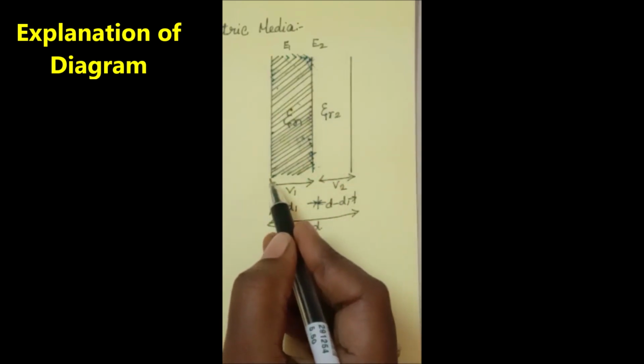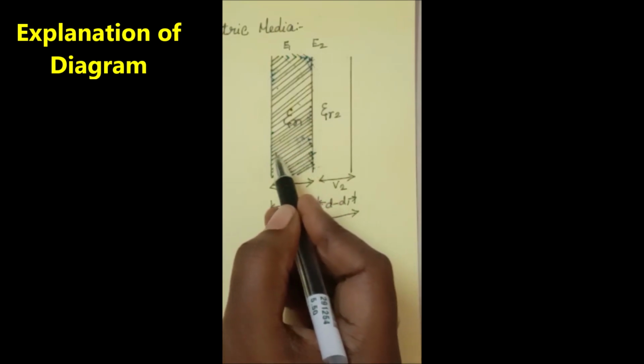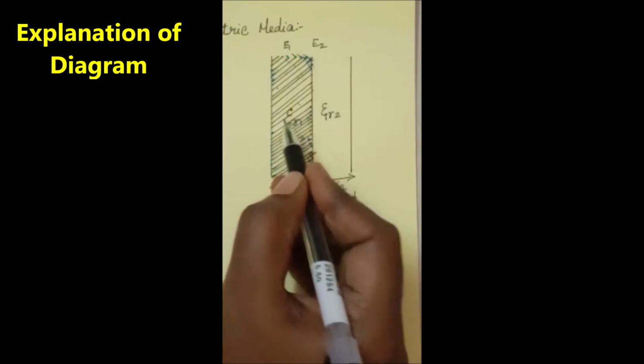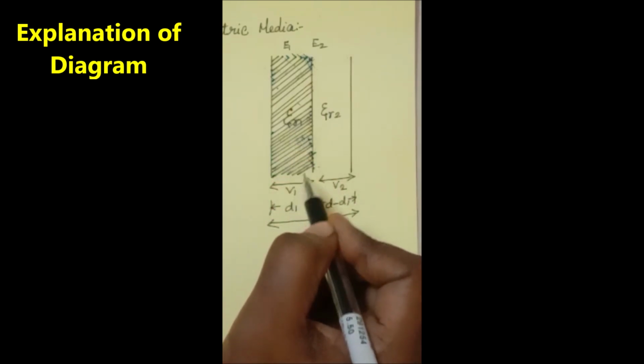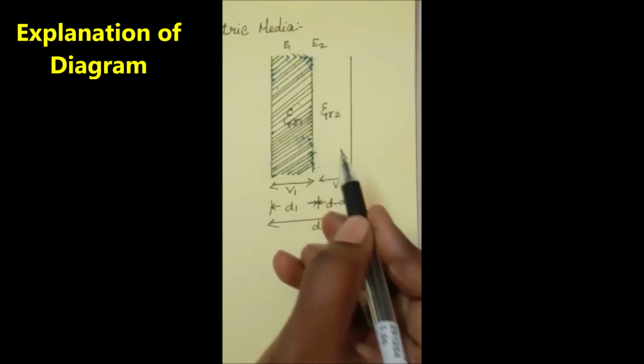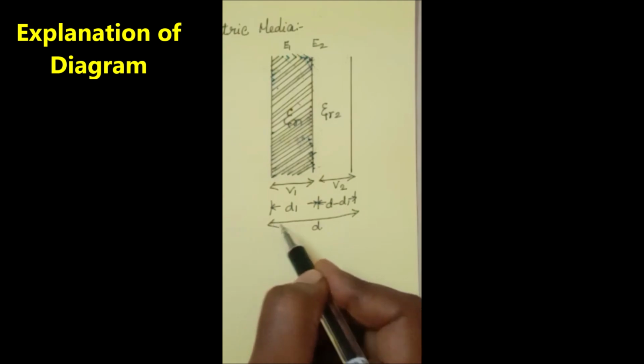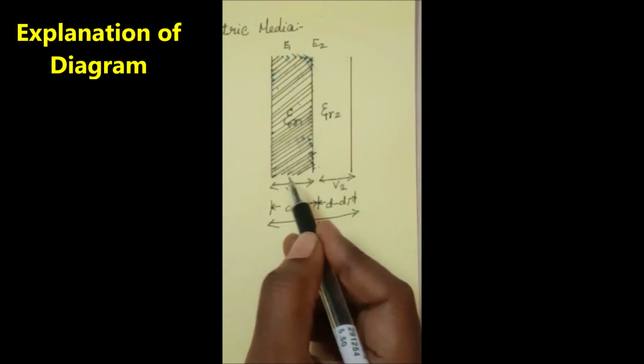The thickness of the first dielectric medium is d1, and the thickness of the second medium is d minus d1, where d is the distance between the two parallel plates.